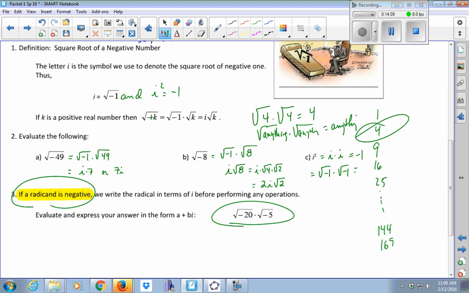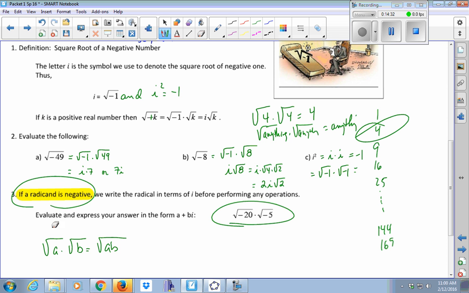So this thing that you're used to, Ramsey, when you're used to seeing the square root of A times the square root of B, and you're used to putting it all under one radical, that does not apply to negative numbers like we did over there. Because it's an even root, and you can't find the square root of a negative.